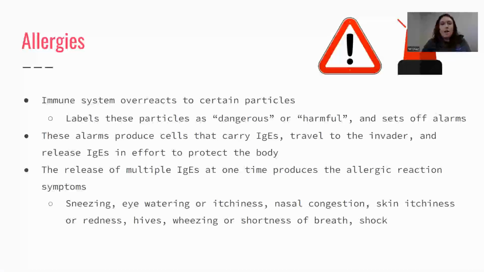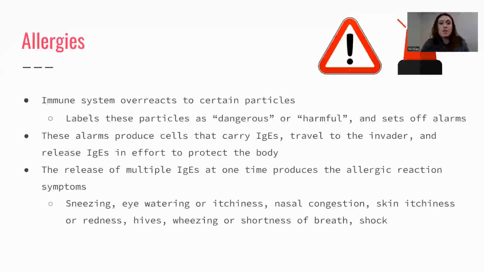So allergies. Allergies are the immune system overreacting to certain particles. When these particles enter your body, it basically thinks, oh, these are dangerous or harmful, and it sets off a bunch of alarms. These alarms produce cells that carry those IgEs, which travel to the invader, and these cells release the IgEs in effort to protect the body and destroy the particle that is causing these alarms to go off.